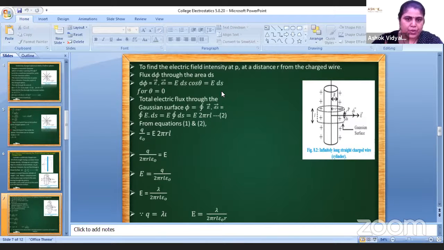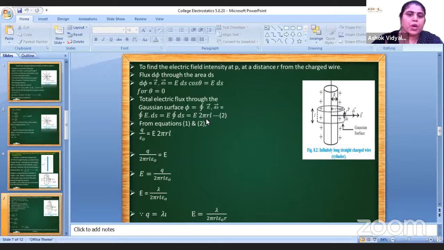Therefore d phi is E ds. Total electric flux through the Gaussian surface phi: we are going to find the flux throughout this Gaussian surface, and for that purpose we take the integration. Integration of E bar dot ds is E times the total area of the cylinder, which is 2 pi r l.